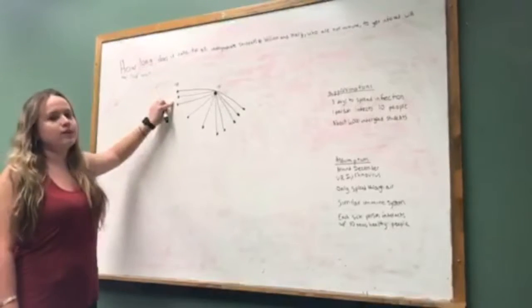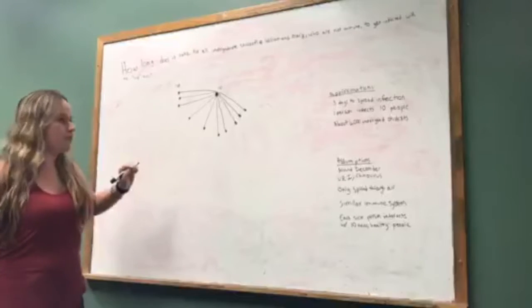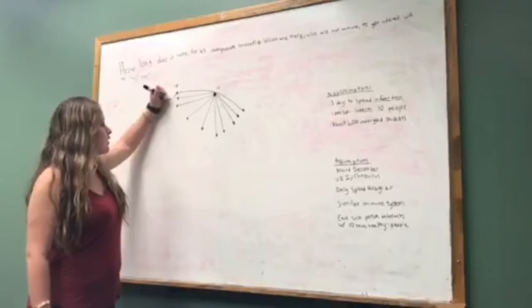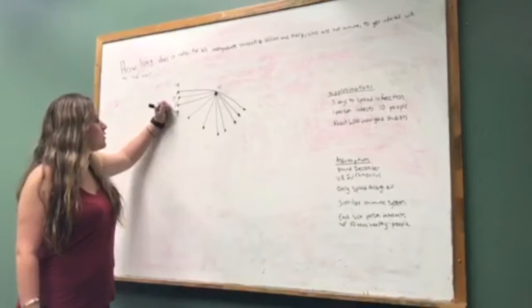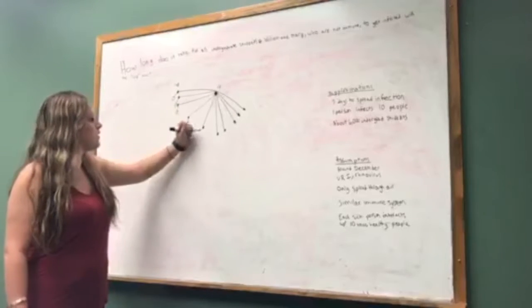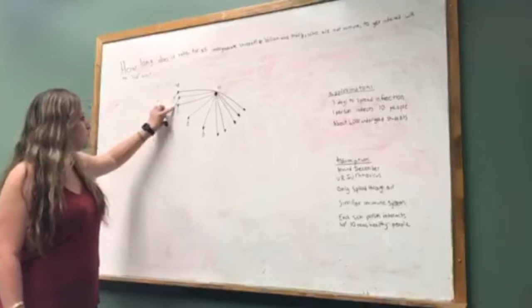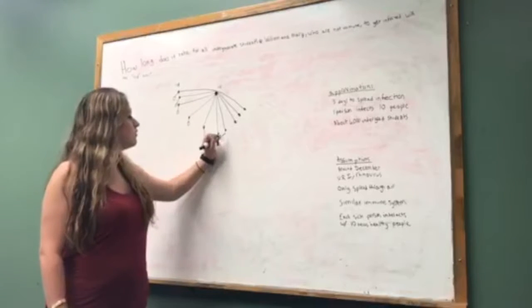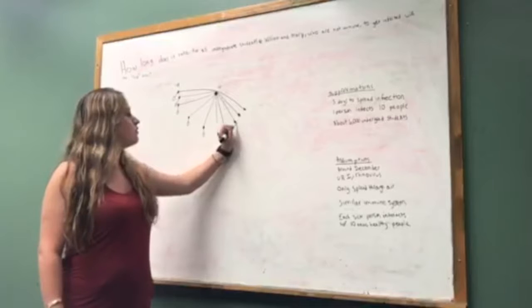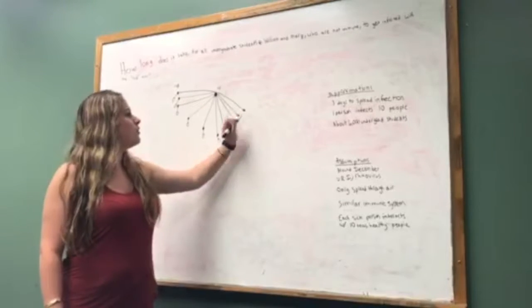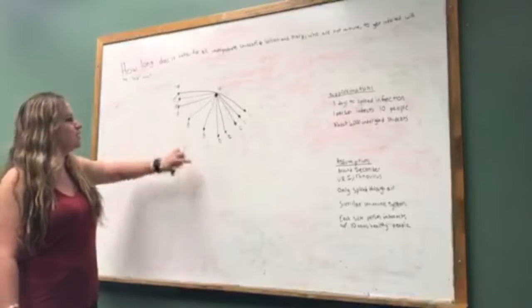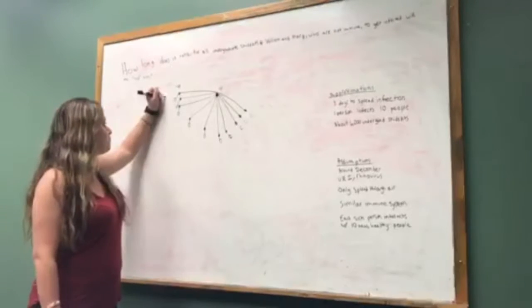Each of these people infect 10 new people every 3 days. So this will be a different type of circle. It'll be an open circle to represent 10 people per circle, per open circle. And if you add these up, 10 times 10, you get 100.